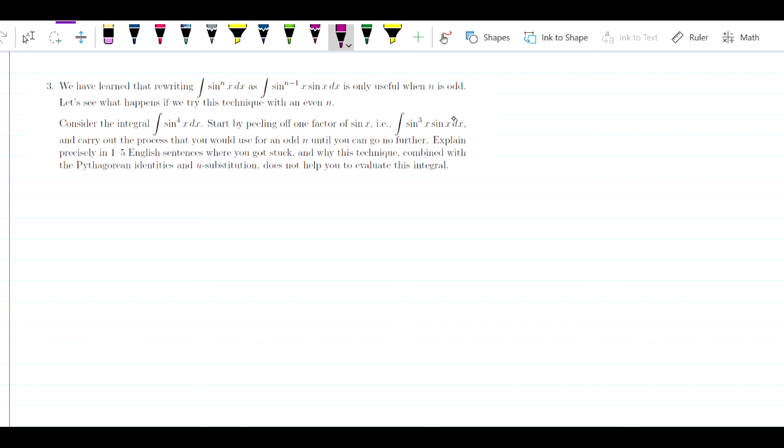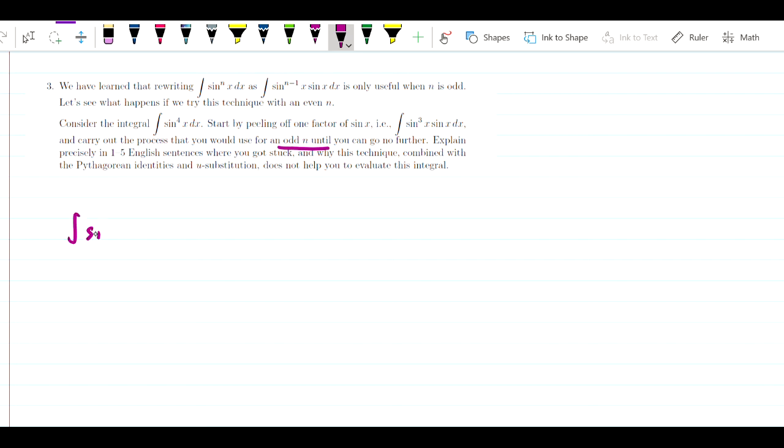So what I wanted you to do was to try to use this particular technique that's being described, the one where we peel off a factor of sine x, and then use the process that we would normally use for an odd n until you can't go any further.